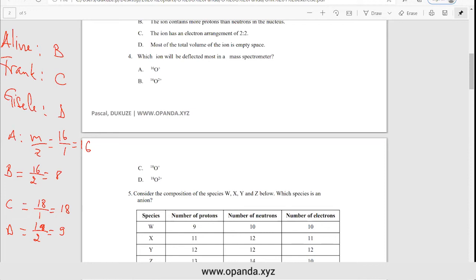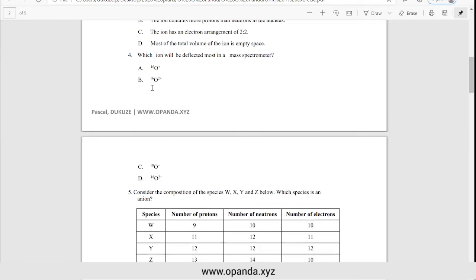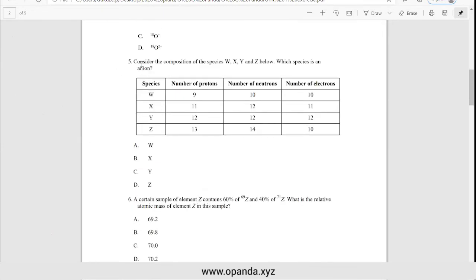Okay, so let's go to the next question, number 5. Consider the composition of the species W, X, Y, and Z below. Which species is an anion?